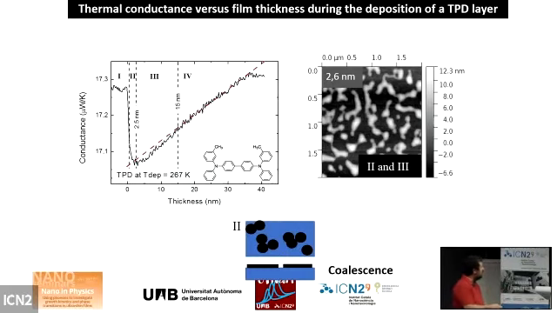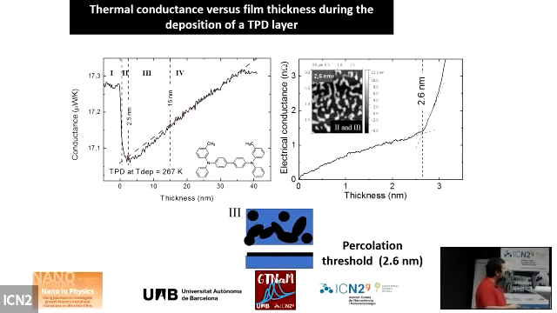In region 2, we start to grow the islands, and they start to coalesce up to the limit of region 2, where we have a minimum thermal conductance. Then we enter the third region, which we identify as the region where the islands start to percolate.